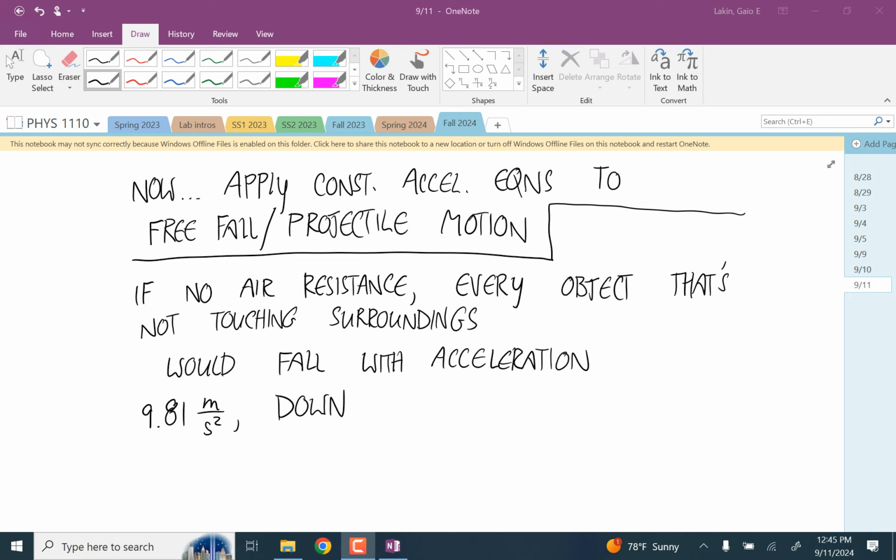So if there's no air, any two objects fall with the exact same acceleration, and that acceleration is this. In this class, when we do free fall and projectile motion problems, we're always going to assume that there's no air resistance. But we do have to think for a second about what makes some things' motion very strongly affected by air resistance and other things not very strongly affected.